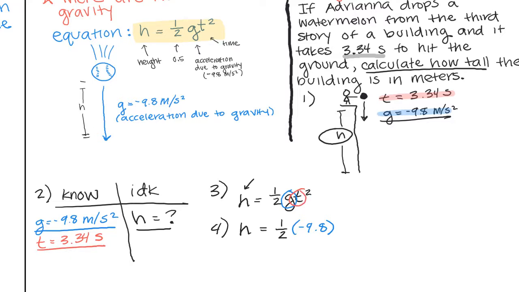So T is equal to 3.34 seconds. And then remember that T gets squared. So we're squaring that value there. Okay. Now that we've got everything plugged in, we can go ahead and solve.